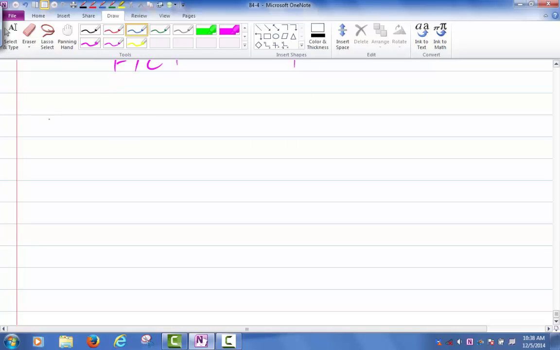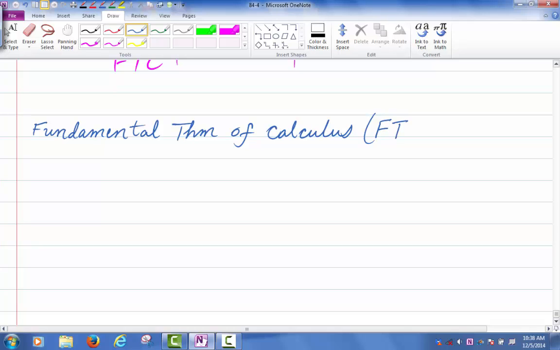So I'm going to call that the fundamental theorem of calculus, and this I am going to write FTC1. Okay? So what it says is the following.